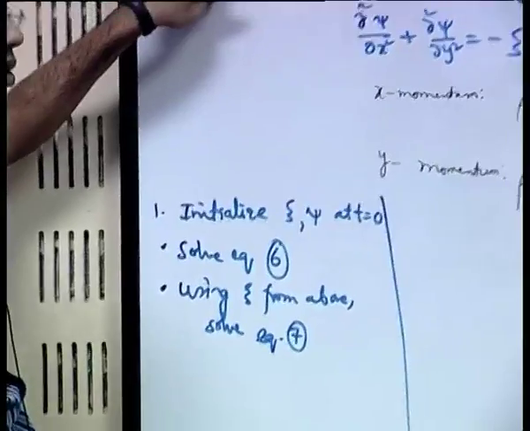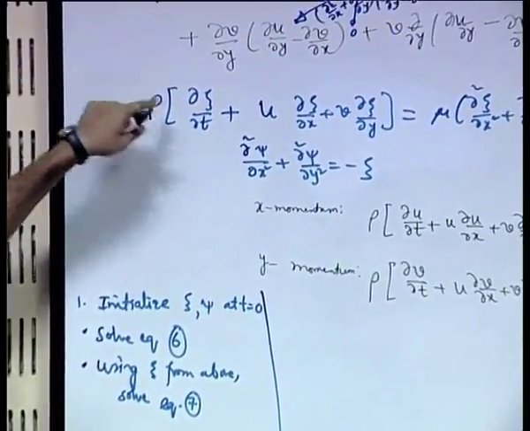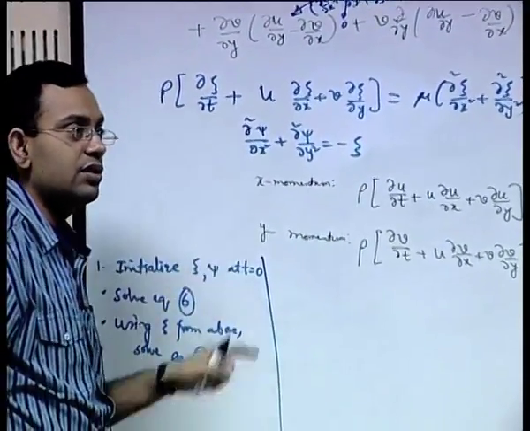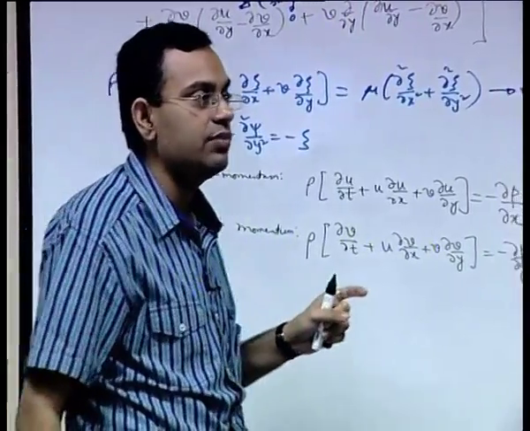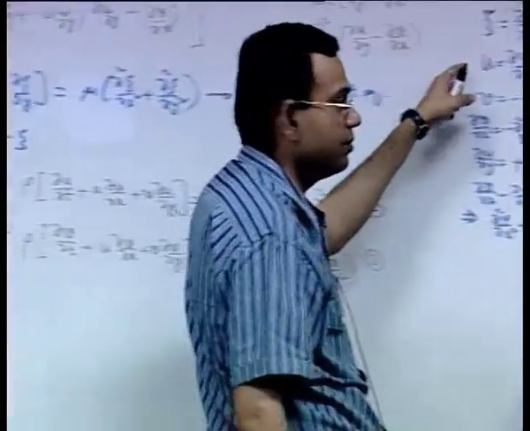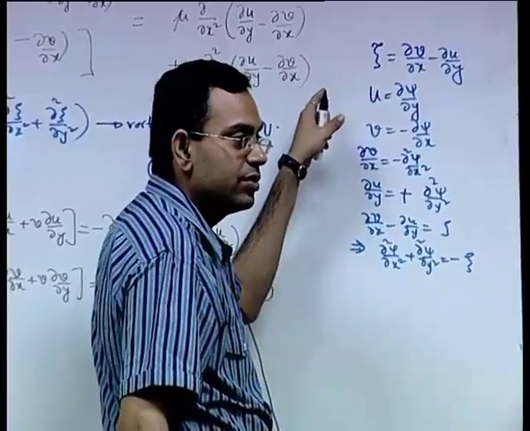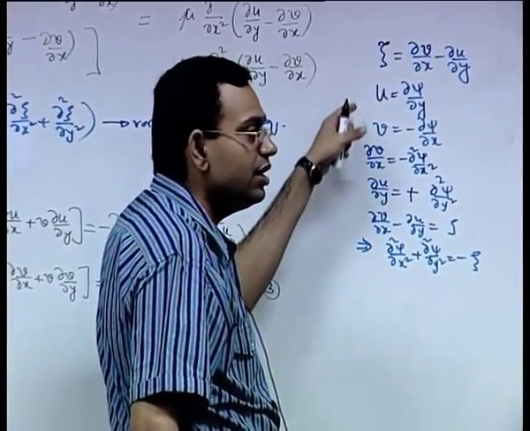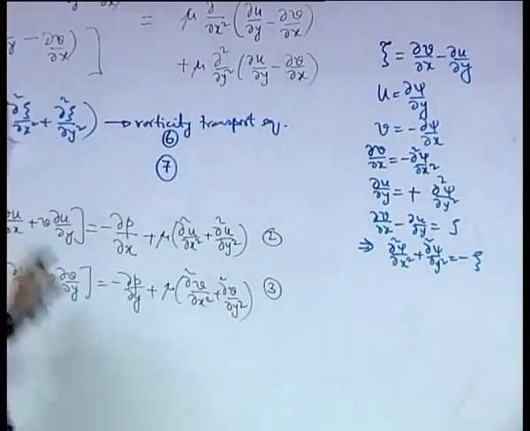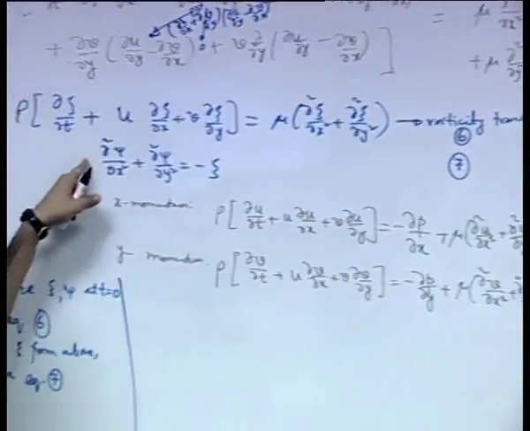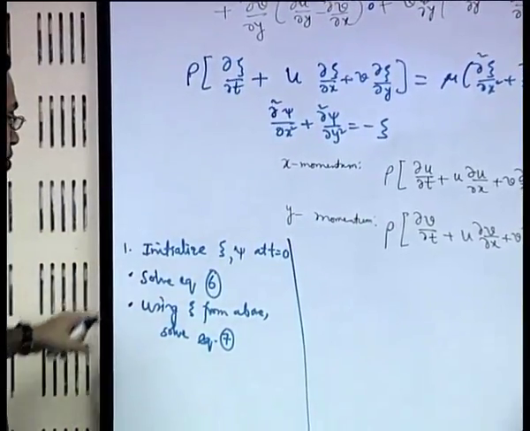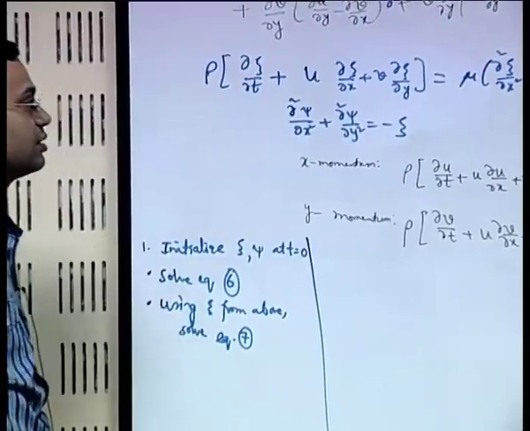Remember, this is at a particular time. Now, at that particular time you are solving the stream function equation. If you recall the definition of the stream function, here you do not have any reference of time, right. So at a given time you are calculating this u, v on the basis of their relationship with the stream function. So at that given time you have to solve this equation maybe by using some iterative technique. So using ζ from above, solve equation 7.